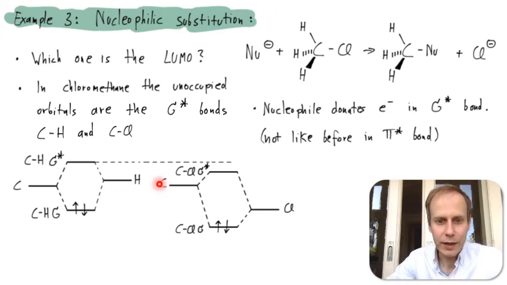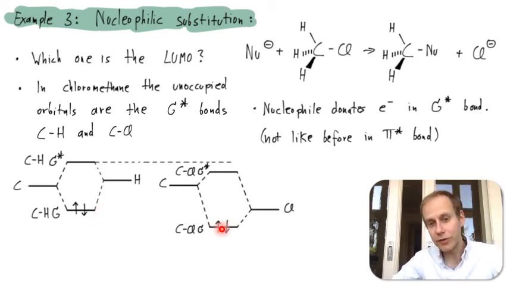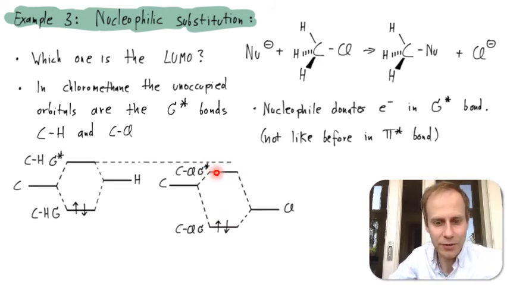Now for the carbon and the chlorine, we have less symmetry. Now the sigma that forms is lower in energy than the sigma between the carbon and the hydrogen, and as a consequence also the sigma star between the carbon and the chlorine is lower in energy, right?